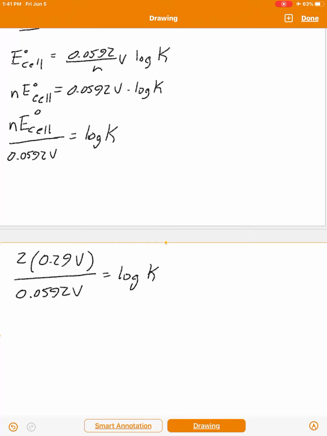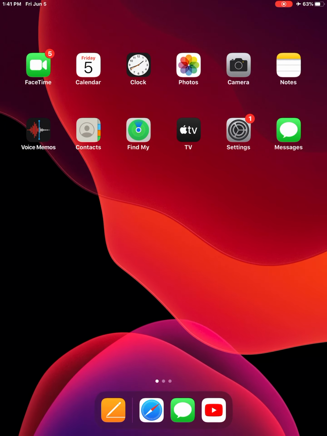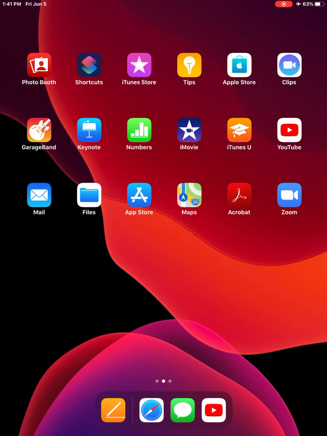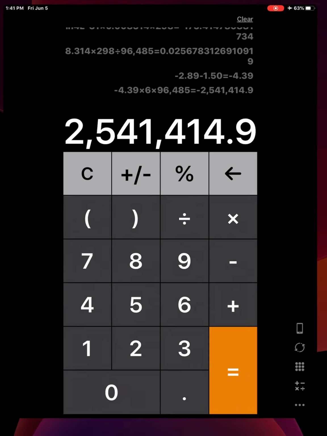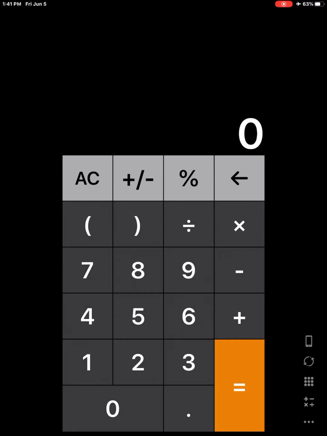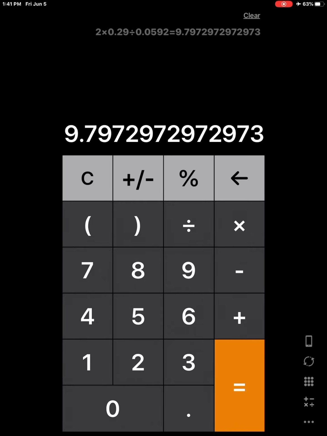So 2 times 0.29 divided by 0.0592, and you get 9.79, or maybe 9.80.